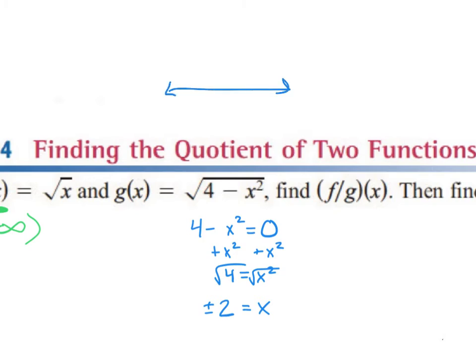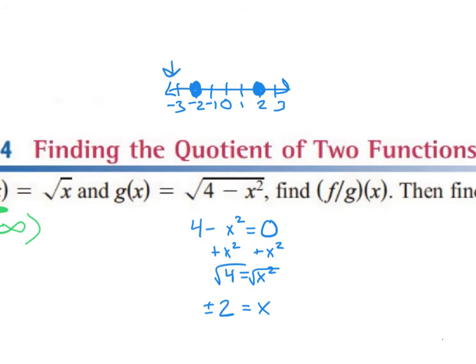So if we had a number line, the points we're looking at are negative 2 and positive 2. So our domain is either going to be inside these two numbers or outside these two numbers. And we can test that out by plugging numbers in. So picking a number that's outside of negative 2 and 2, we could pick negative 3.